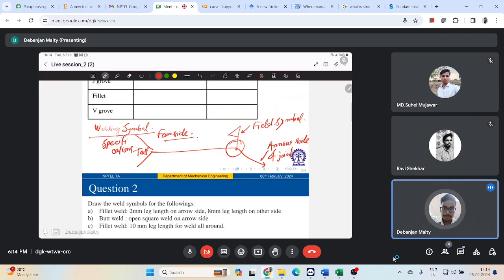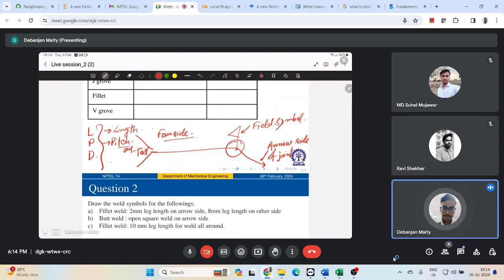In terms of specification, there are three things you need to mention: L, P, and D. What are these three things? L is the length of the weld, P is the pitch of the weld.